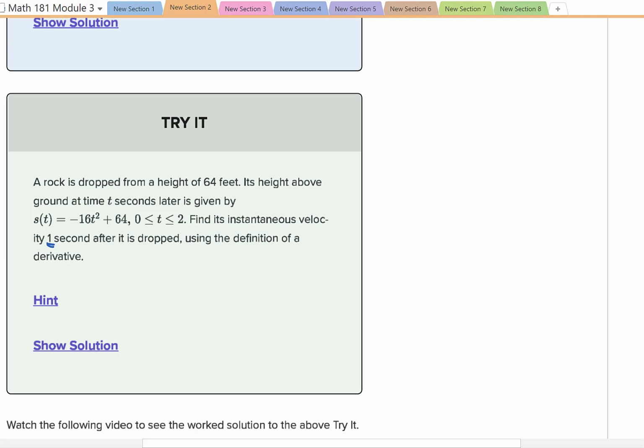So we're going to look for the limit as t approaches that 1 second mark of s of t minus s of 1 over t minus 1.